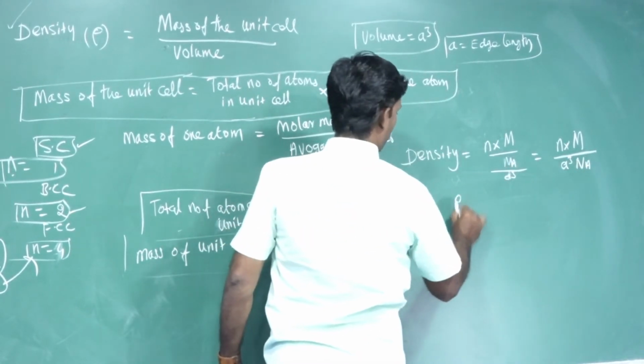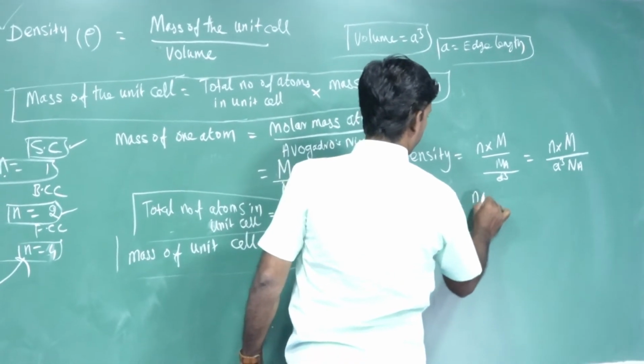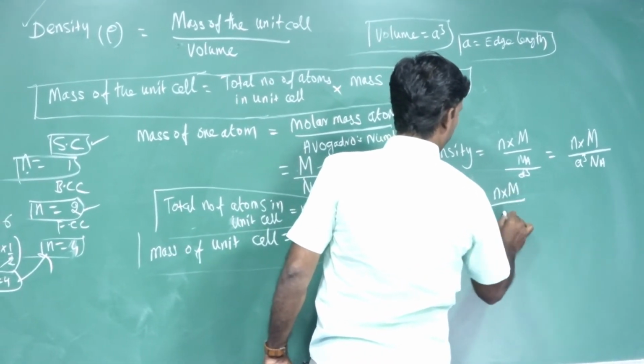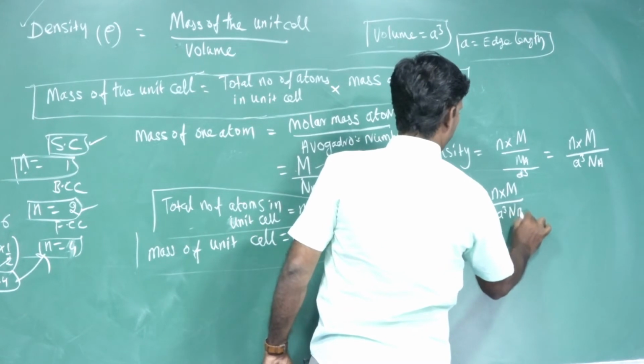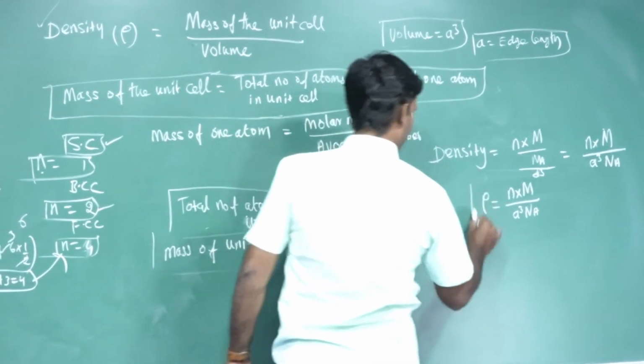So the density rho can be calculated from N into M by a cube into N_A. This is the way you can get the density.